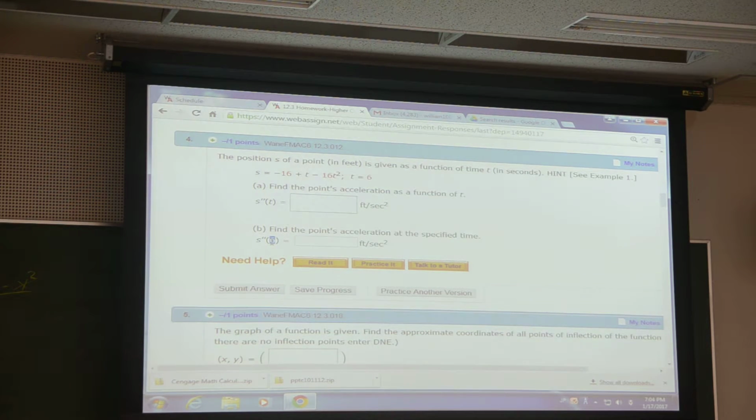It's always minus 32. It doesn't matter if it's 6 or 10 or 50, there's no t in the formula. So it's always minus 32. So it doesn't matter that there's a 6 there. It's still minus 32 here. Okay?